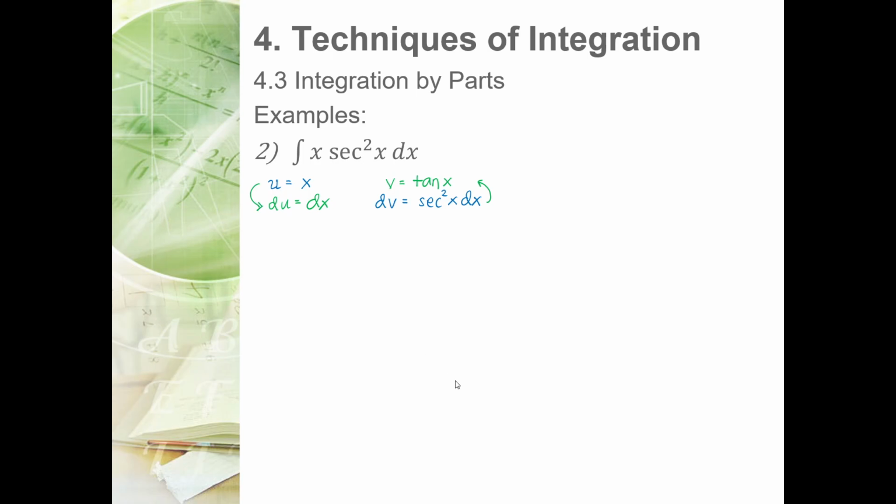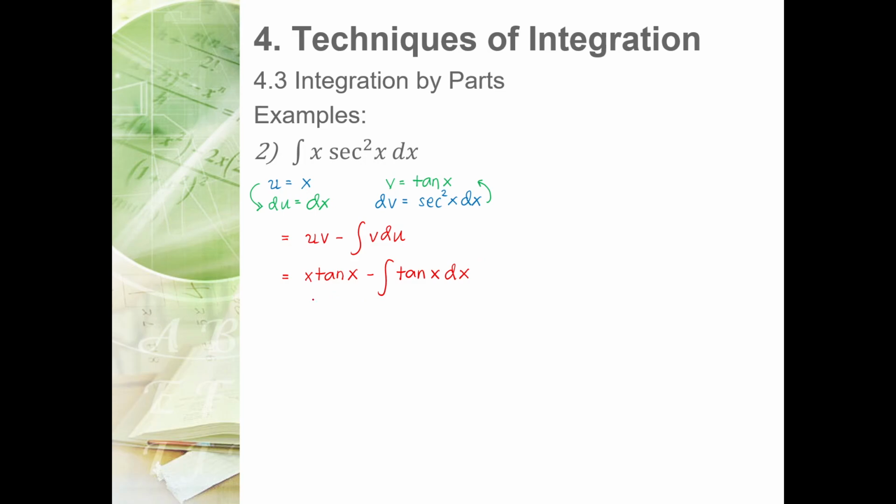So by formula, again that's uv minus the integral of v du. Starting with uv first, x times tangent of x minus the integral of v du. So that's tangent x dx.